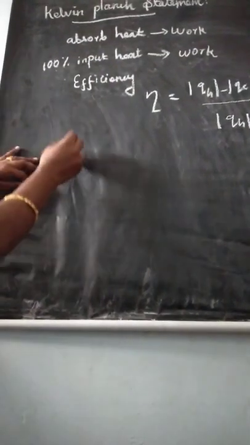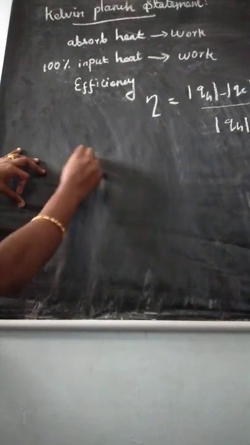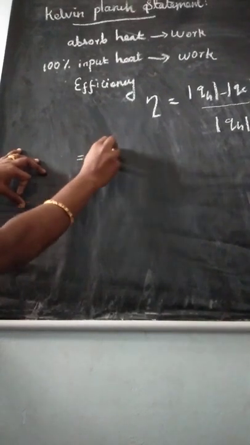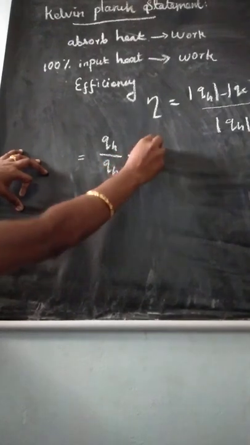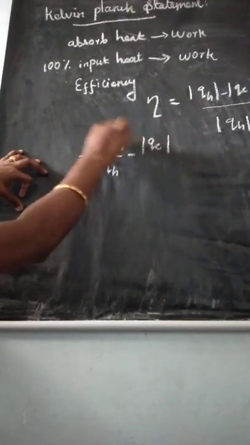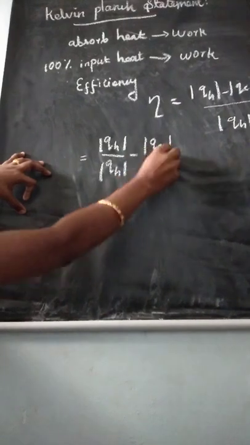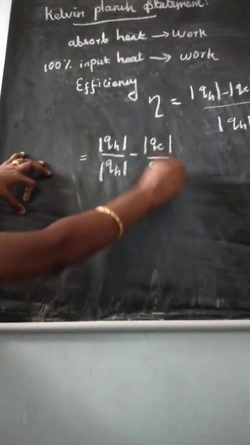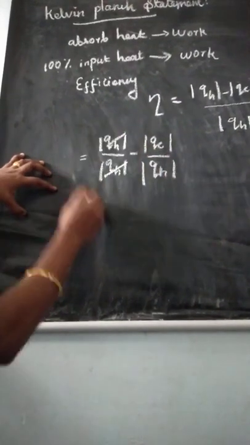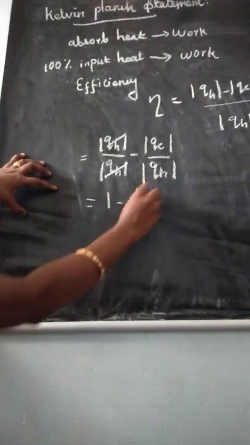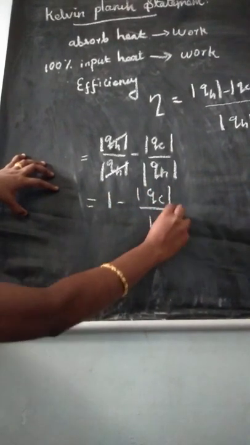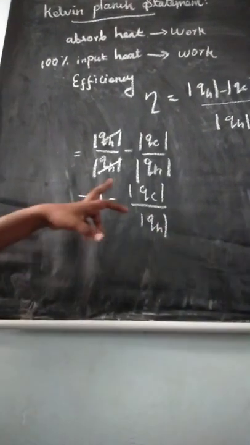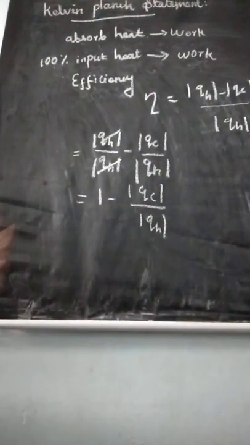Here we can take it like this: eta is equal to QH divided by QH minus QC divided by QH. So we can cancel this and you will get the answer 1 minus QC divided by QH.